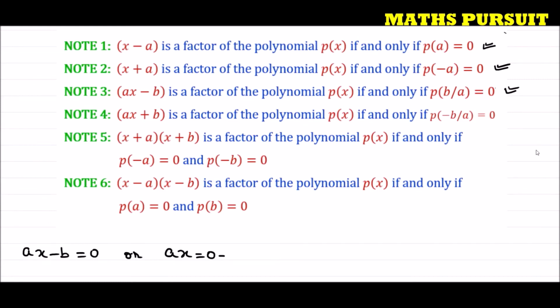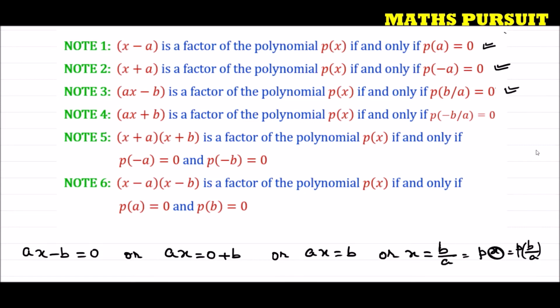Ax is equal to 0 plus b, when we move minus b from the left hand side to the right hand side. Or ax is equal to b, or x is equal to b upon a. This is how we derived it. So x is equal to b upon a, and then we simply replace x in P(x) with b upon a.